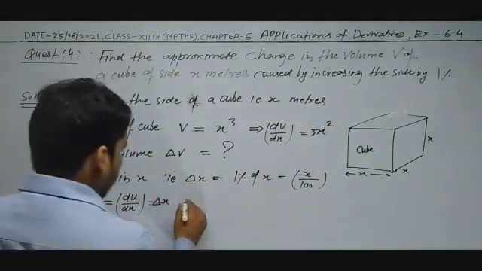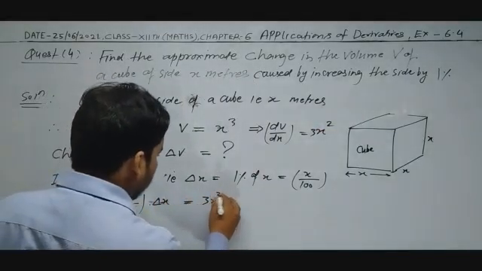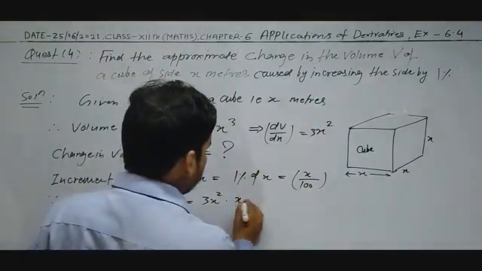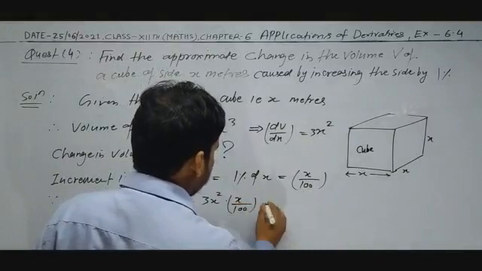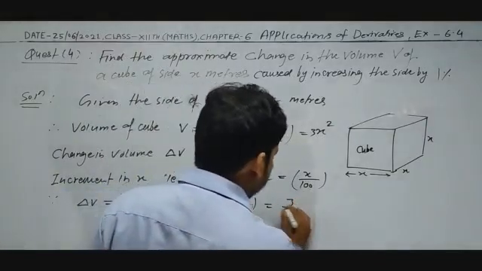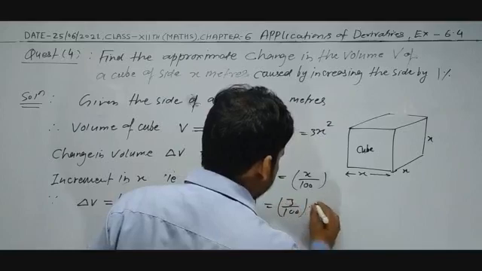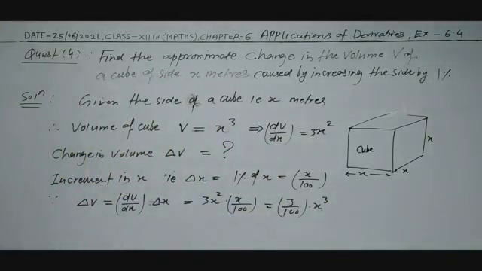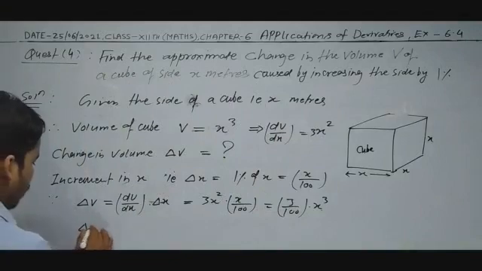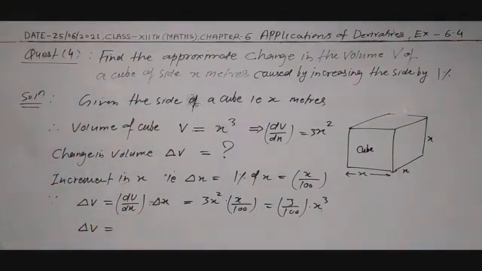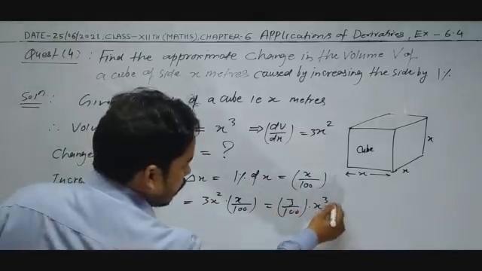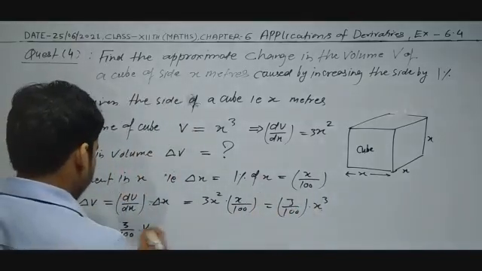So in place of dV by dx you have to write 3x square with the del x value x upon 100, and its calculation will be 3 by 100 into x cube. This is the change in volume. So dV, or del V, is equal to 3 by 100 times volume. This is the volume V.